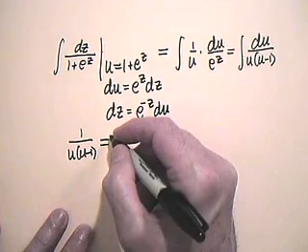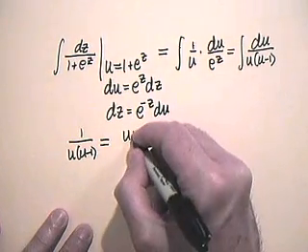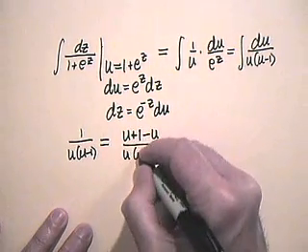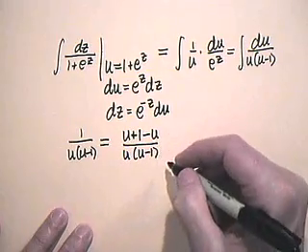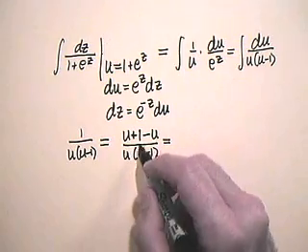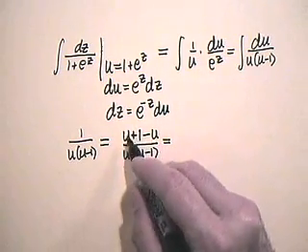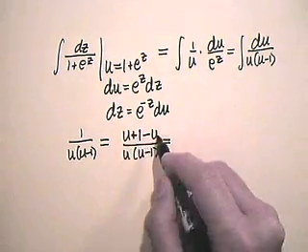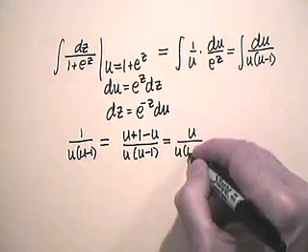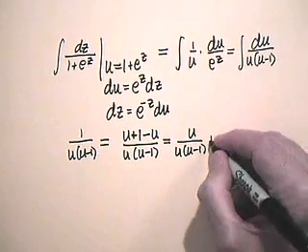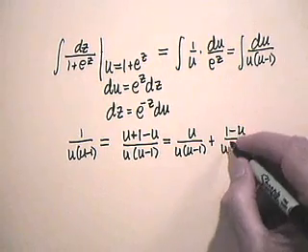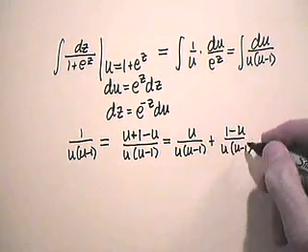One thing we can notice is that if I add and subtract a u here in the numerator, I can rewrite this. First off, if I break it between the u and the 1 minus u, I can write this as u divided by u times u minus 1, plus 1 minus u divided by u times u minus 1.